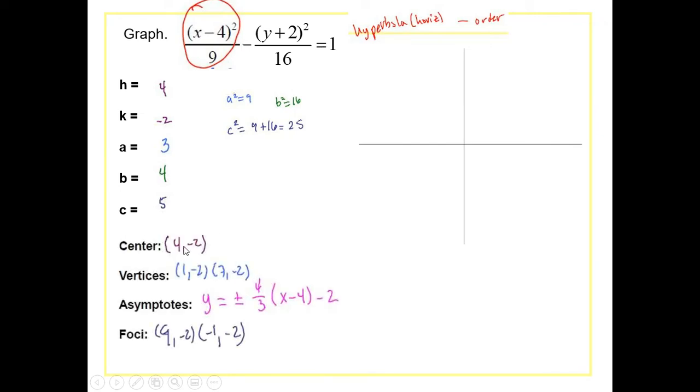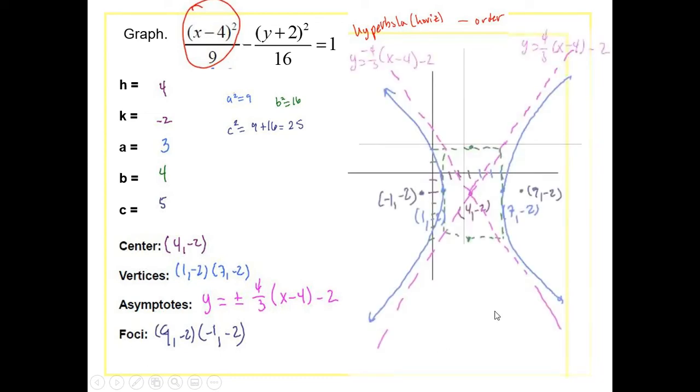So my center is going to be at 4, -2. My vertices are from one of those previous slides that shows how to calculate the vertices of a hyperbola. The asymptotes, y equals plus or minus 4/3 x minus 4, minus 2, and the foci are listed here.